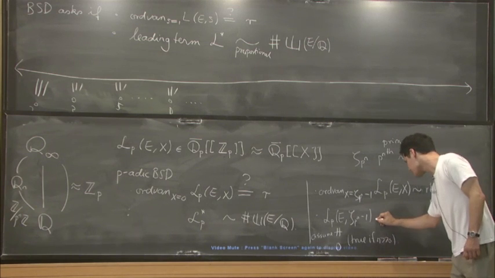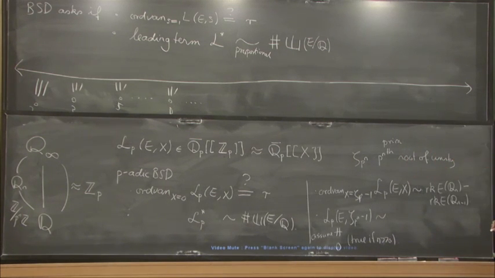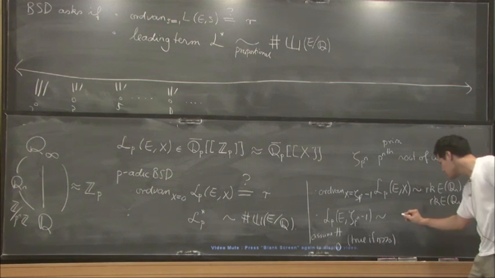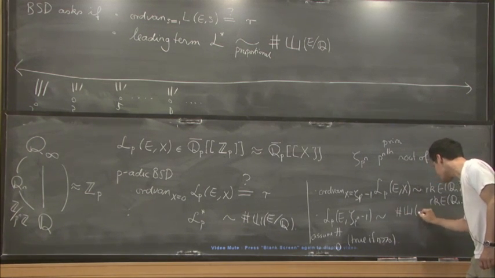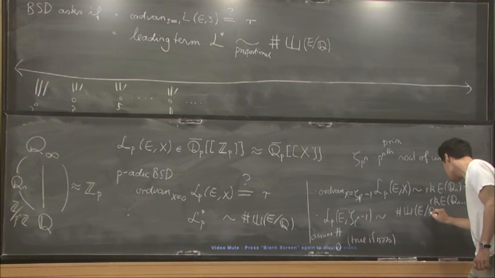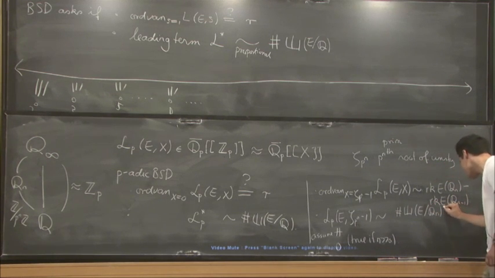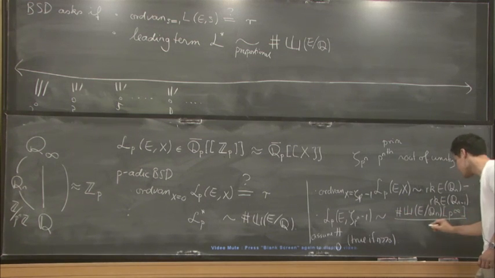One may then ask if this is proportional to something very similar to this thing: the jump in the p-primary size of the Tate-Shafarevich group as one goes from level n minus 1 to level n.